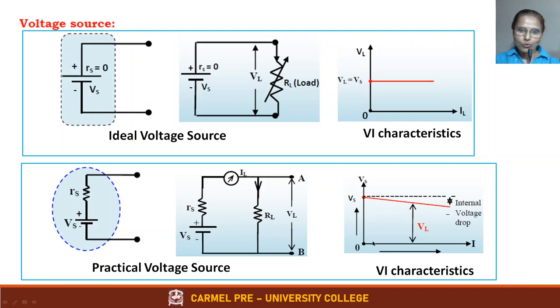It is supposed to be like this, but it will not be like this. It will continue to reduce. The voltage that is supplied by the battery continues to reduce as you increase the current. This is the practical voltage source. Okay, so practical voltage source has internal resistance in series. The voltage source with the series internal resistance is called a practical voltage source.